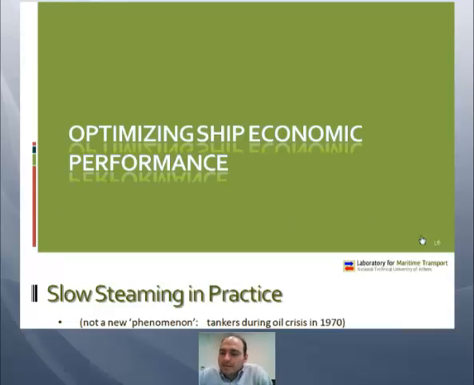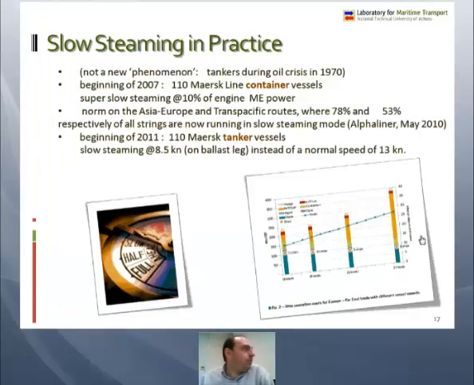As I told you, lately in most shipping companies, we have witnessed this phenomenon of slow steaming, which is sailing at speeds that are lower than the design speeds of vessels. Actually, mainly because of the economic crisis.